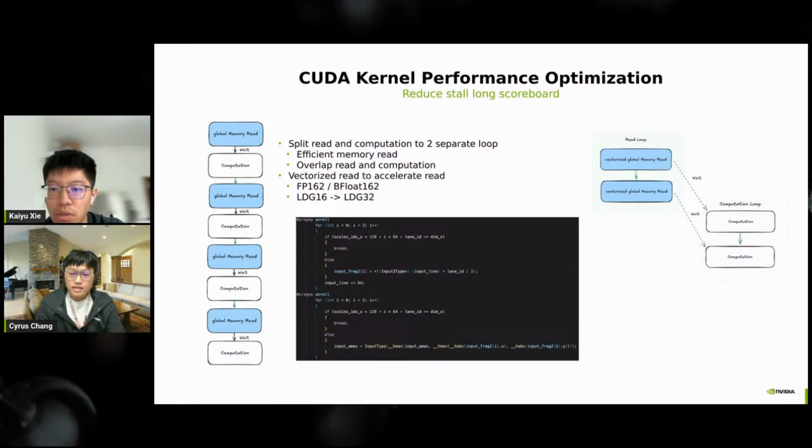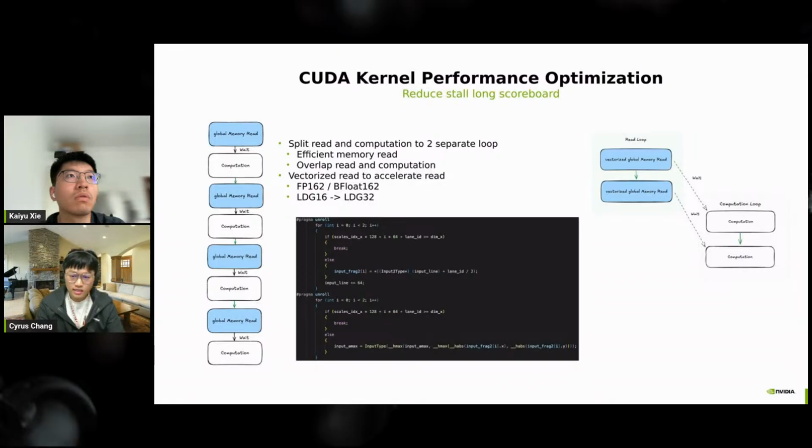In the meantime, we can vectorize the read to accelerate reading from global memory. For example, in this case, the input data type is 16-bit, either BF16 or FP16. So we could use the already provided CUDA 16-bit vector types, FP16x2 or BF16x2, to transform the 16-bit read into a 32-bit read. It means when reading, we're actually reading two 16-bit values combined into a 32-bit read.